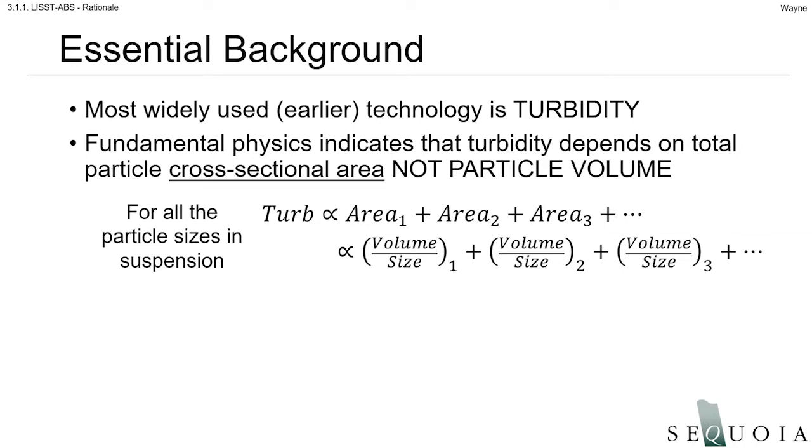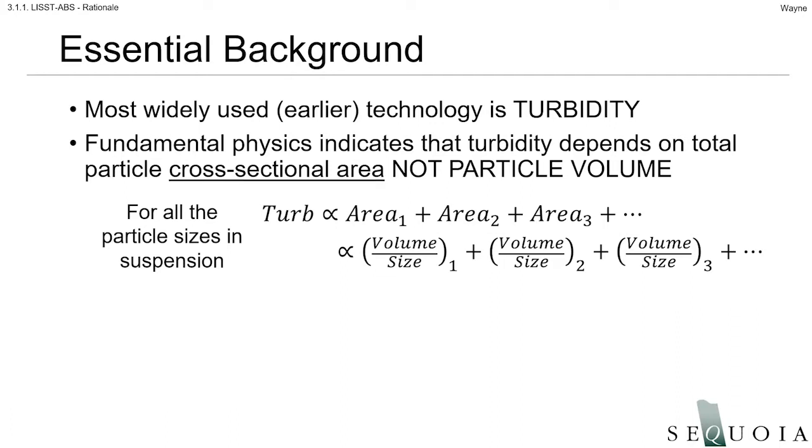So then in that case, the turbidity you can think of as proportional to the sum of volume over size for size 1, volume over size for size 2, and so on. And just considering that, it follows from the basic physics that turbidity sensors will respond to concentration of particles of different sizes differently.